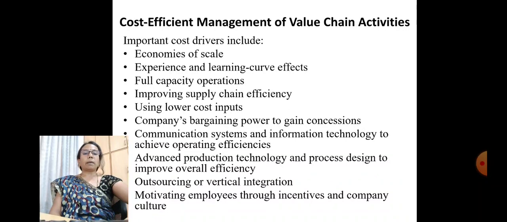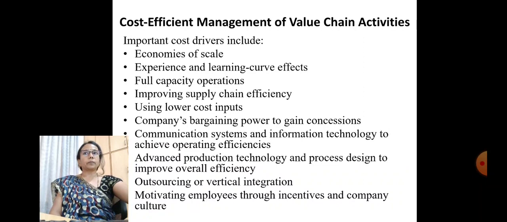Third one, full capacity operation. A company's ability to operate at or near full capacity has a big impact on unit cost when its value chain contains activities associated with substantial fixed costs. Higher rates of capacity utilization allow depreciation and other fixed costs to be spread over a larger unit volume.